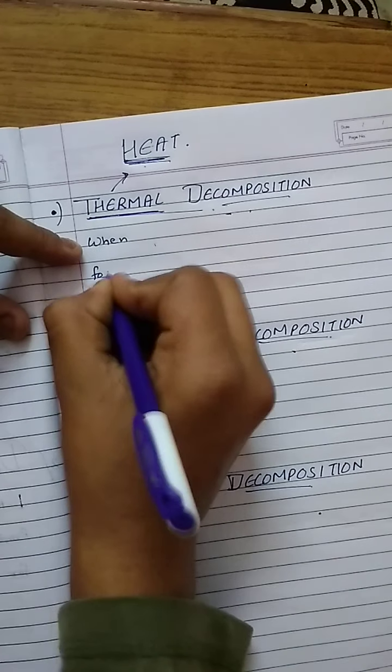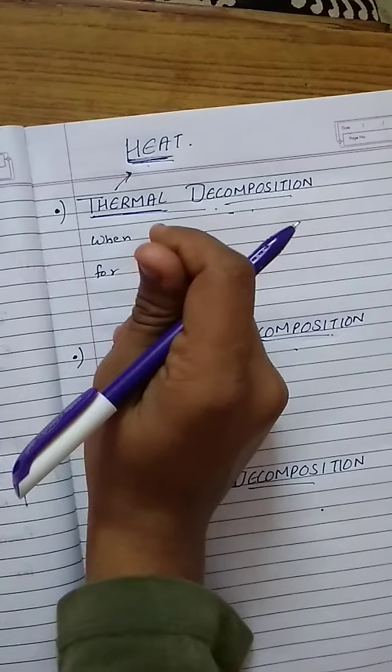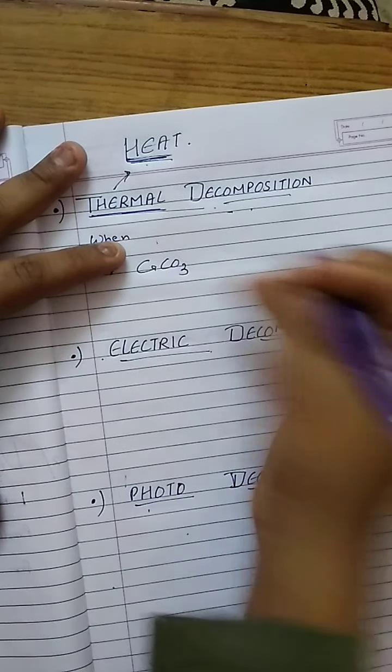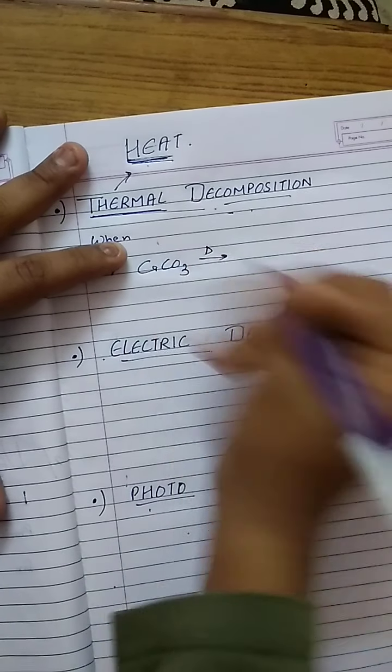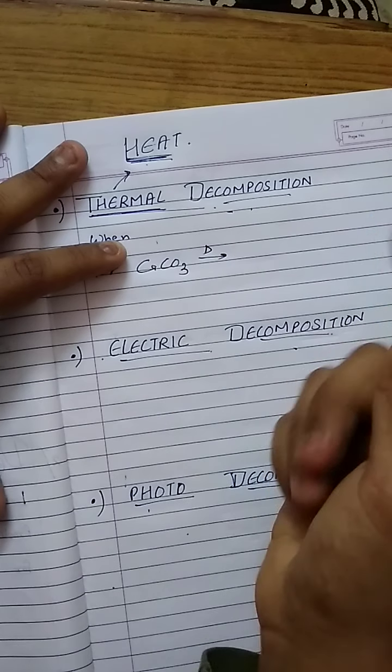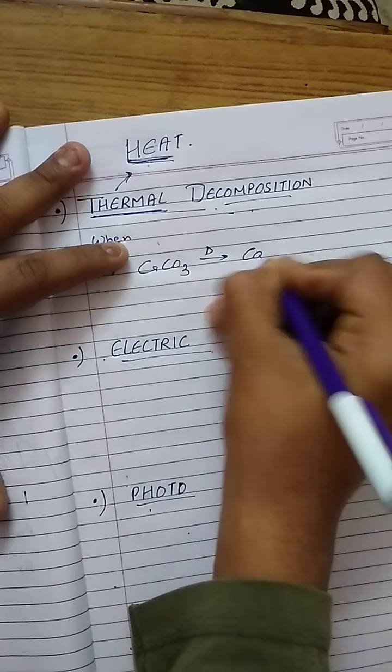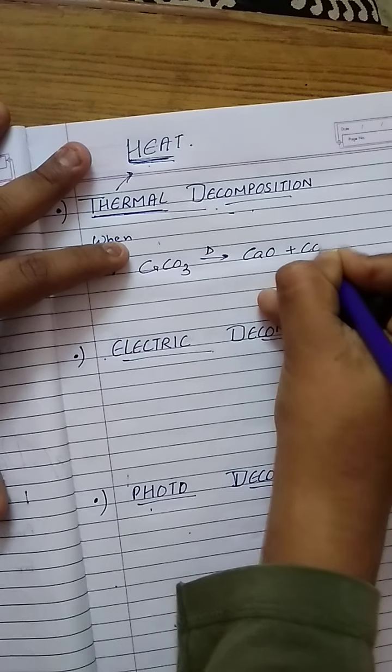For example, the simple example is when calcium carbonate is decomposed by the effect of heat, it forms calcium oxide plus carbon dioxide.